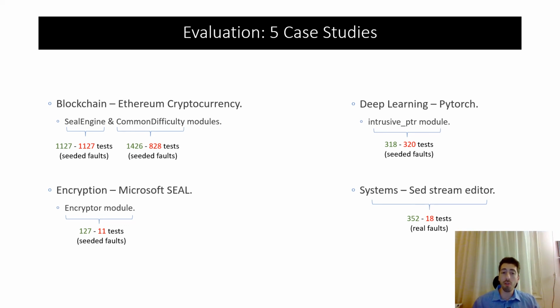For the remaining 4 modules that we evaluated, we had to do the random mutations that I explained before, and essentially we seeded faults, leading to balanced data sets between passing and failing tests, up to way imbalanced data sets. But it seems like our model was able to handle all of them appropriately.